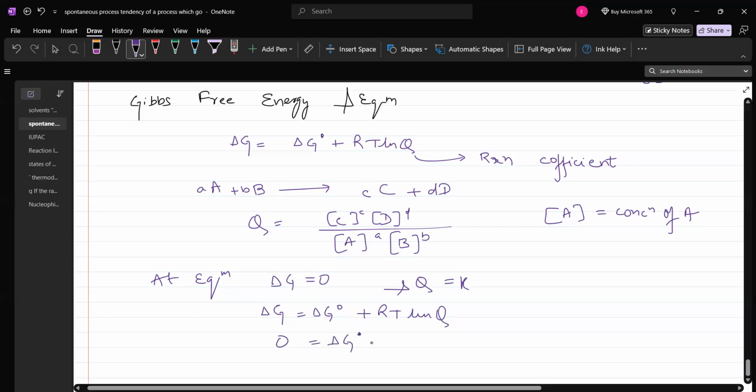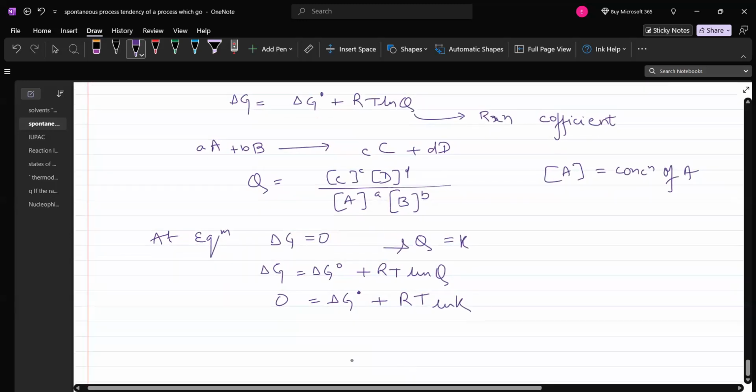This will be there only because standard, and R is the universal gas constant, T is the temperature, ln K. So we will move this side: minus RT ln K. Then ln to log 10, we will convert this: 2.303 RT log K.